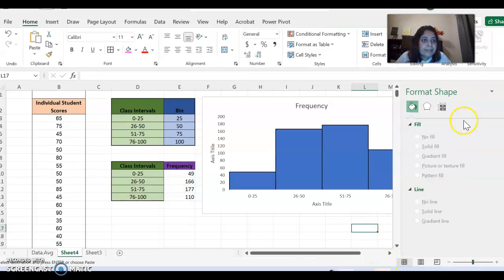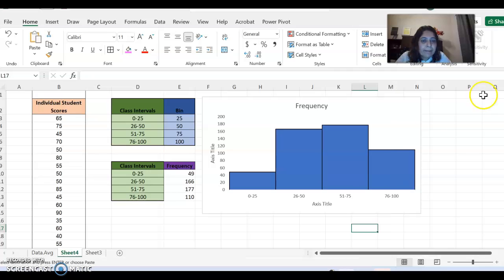Yes, that's what we need. Okay, so you see, now we have class intervals in terms of STAAR language. Does not meet, we have a frequency of 49. Approaches, we have a frequency of 166. Meets, 177. And masters, 110.